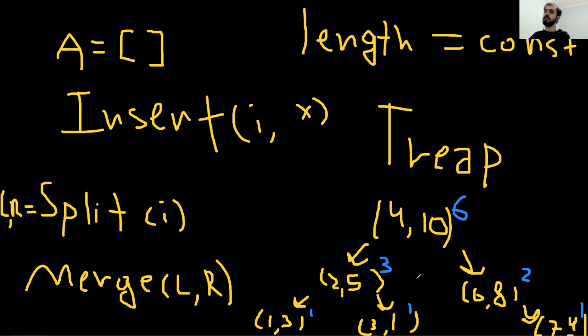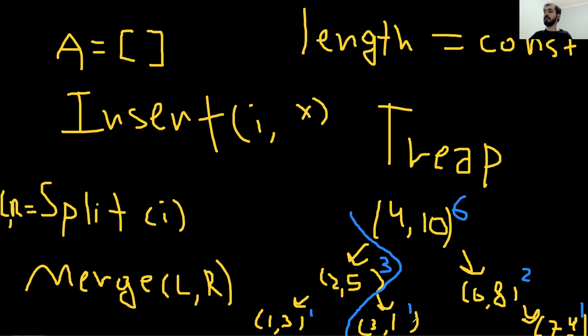Suppose you want to split at index 3, and you know that you actually want something like that. This will be left, this will be right. And you can do it. This split will be along some edge actually. But maybe it will be something like that when the index is 2. Well, you can reconstruct it.